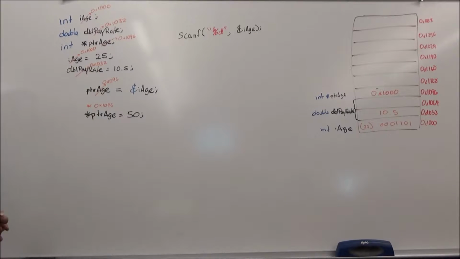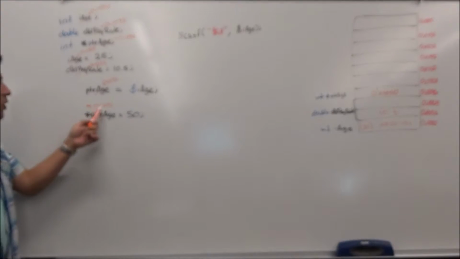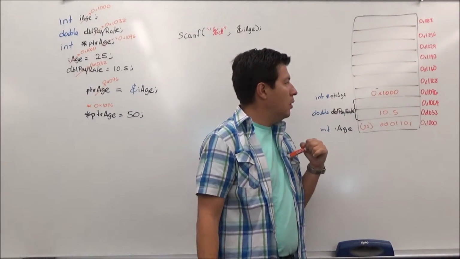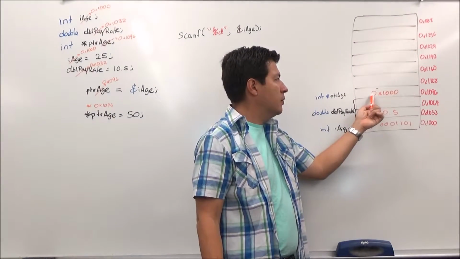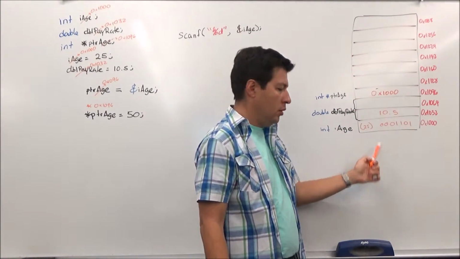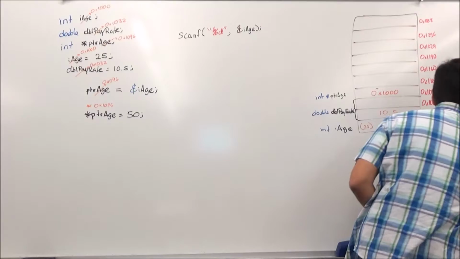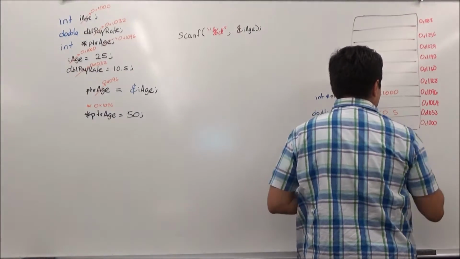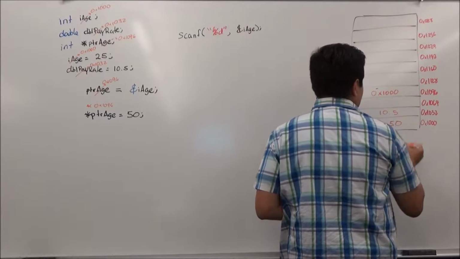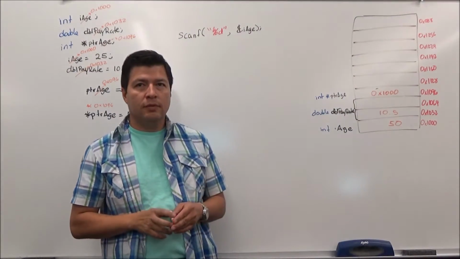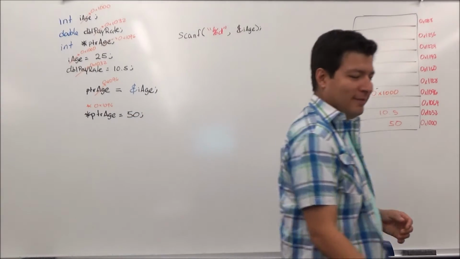What does that mean? It says go to address 1096. That's a pointer. Oh, the value is 1000. Go to that address, so it comes here, and then it changes the value here. Follow me? Did you read the chapter?